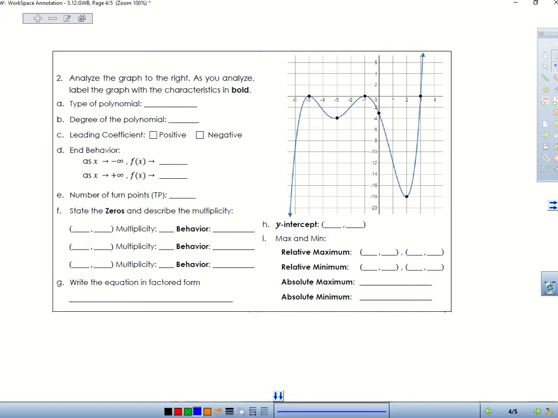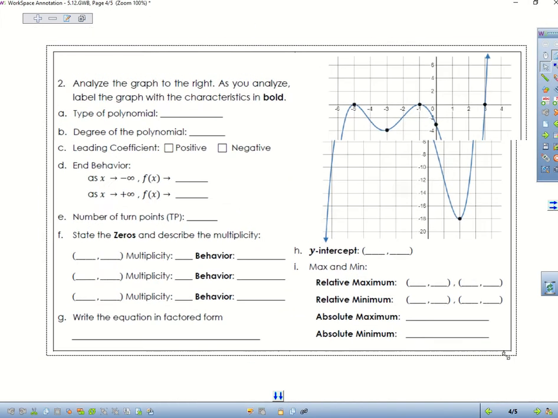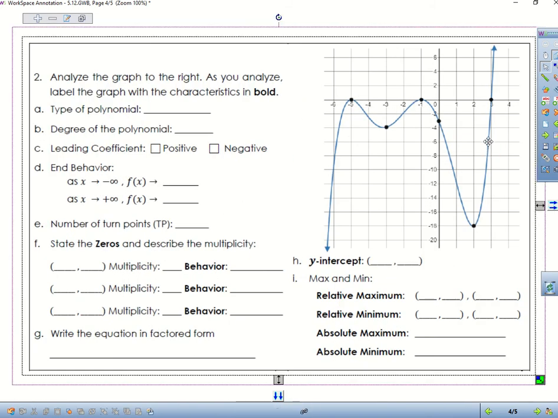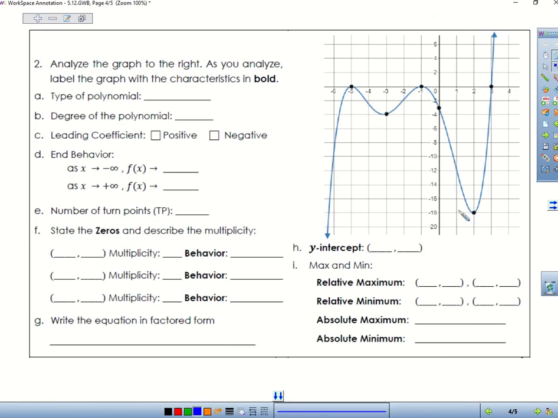Okay. We're going to do one more. So the easiest place to start is how many turning points we have. Good. Something I want to mention, it does come up on your homework.